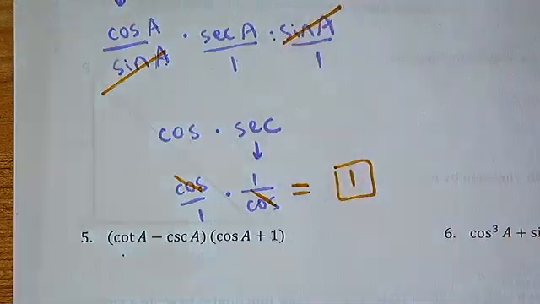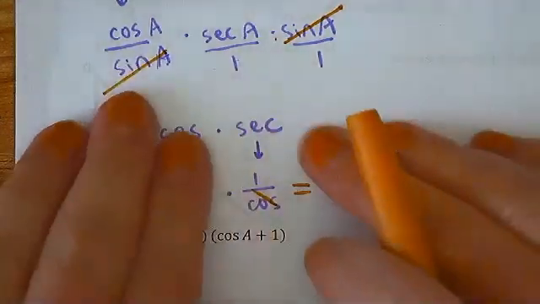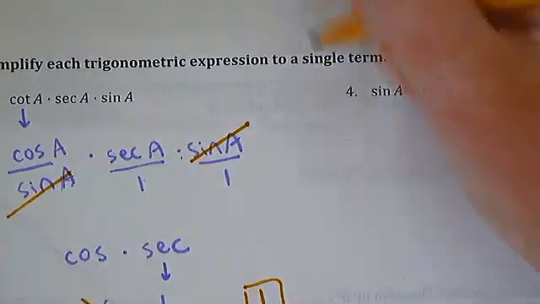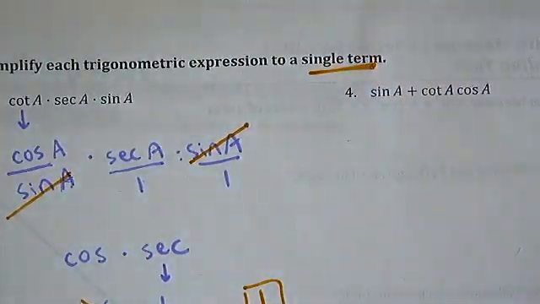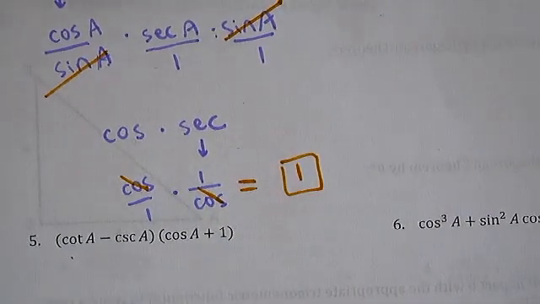Now, not all answers are going to be numbers. Sometimes, like, you could have just gotten secant as your answer if that's in fact what this substituted down to. But that's what it means by a single term. So you're just going to see like one thing, like a 1. Isn't that crazy?